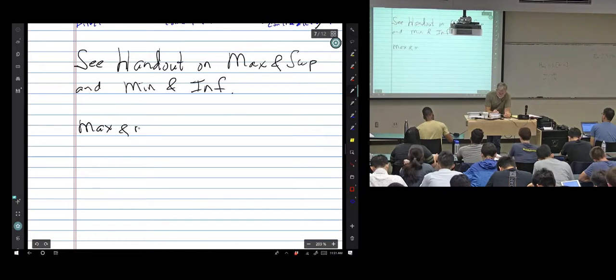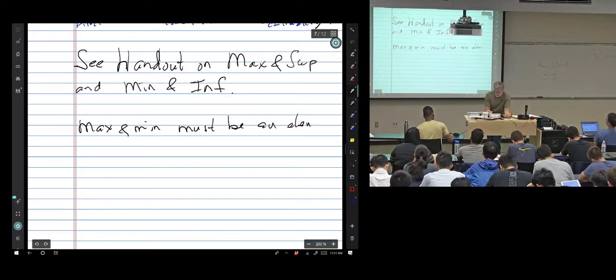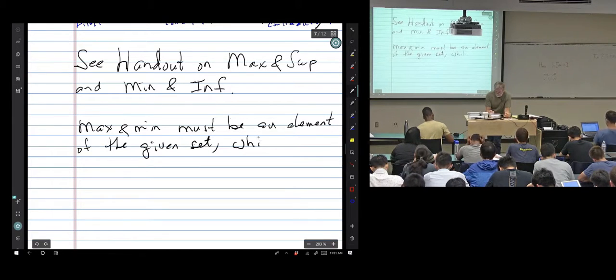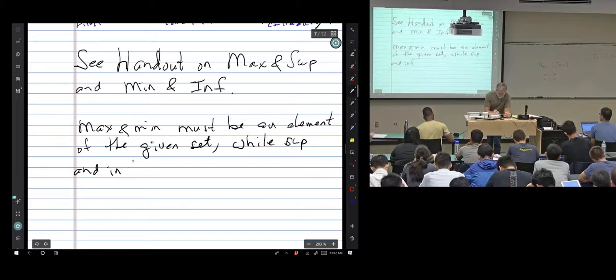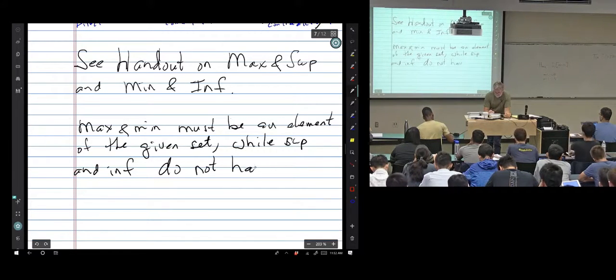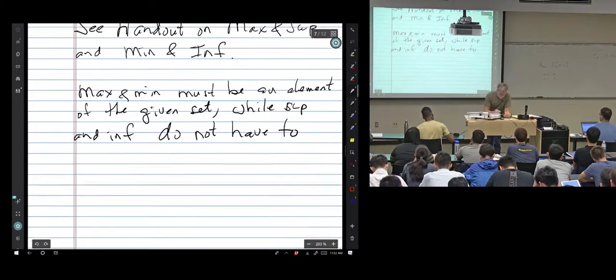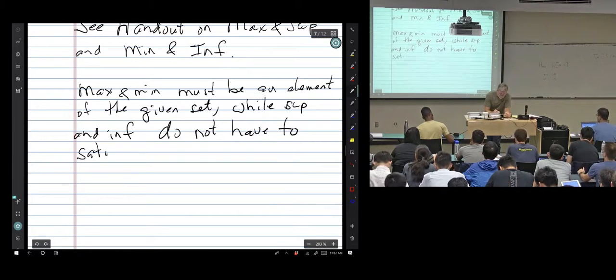Max and min must be an element of the set, while sup and inf do not have to satisfy this restriction, okay?